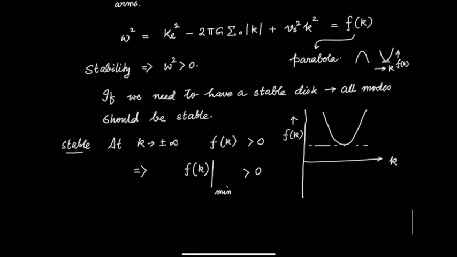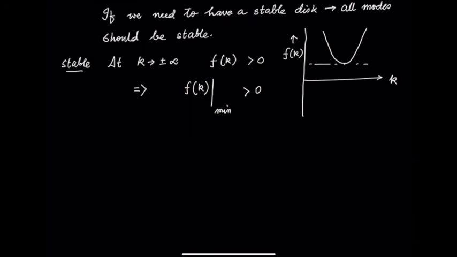Now, where is the minima? Is equals to 0. If you work this out, you will see that the k at minima will be pi g sigma naught by Vs square.